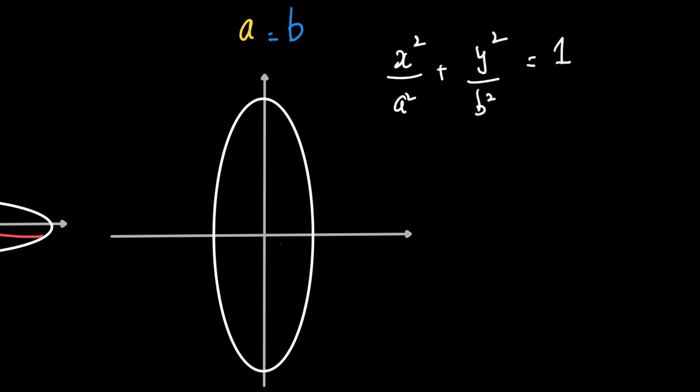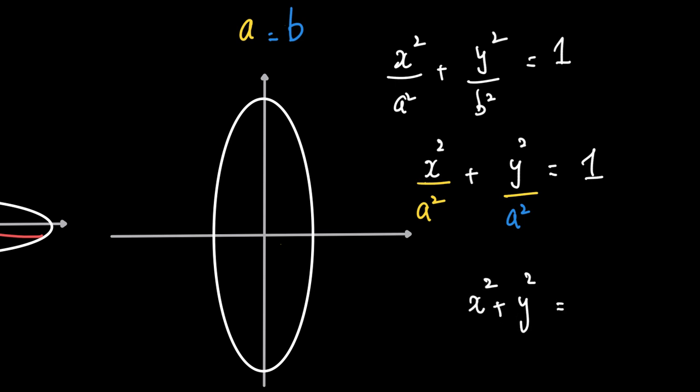So this equation changes as x squared by A squared plus y squared by A squared is equal to 1, and B is equal to A. This gives us x squared plus y squared is equal to A squared. And what does x squared plus y squared is equal to A squared imply mathematically in terms of graph?